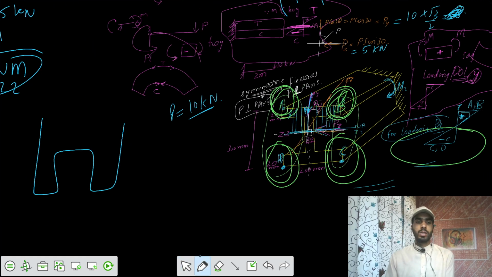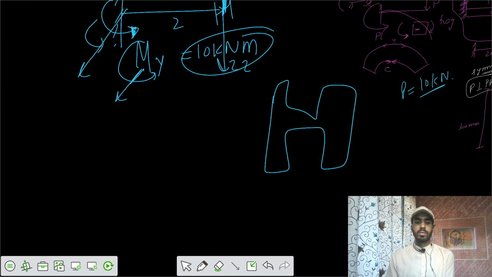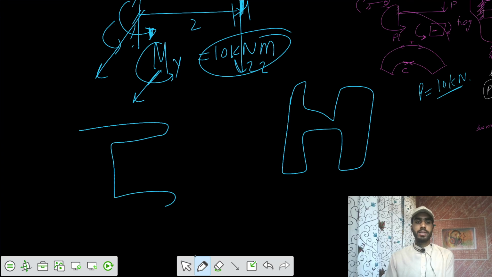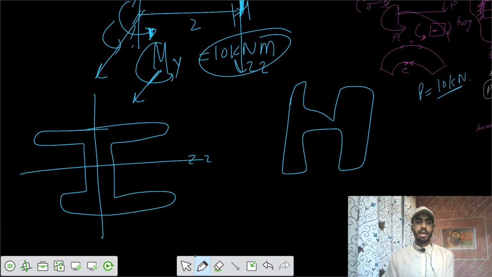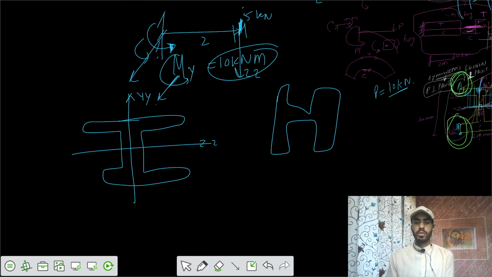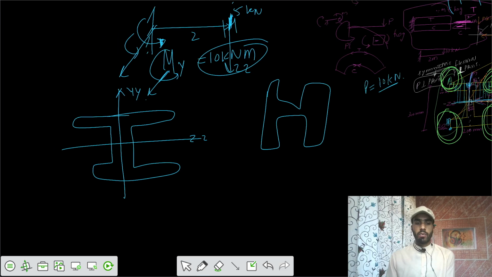So this is your S section. Earlier you had an I section. So this was z axis, this was y axis, and dimensions were provided to you. So if you want to calculate Ixx, let's calculate Izz first.